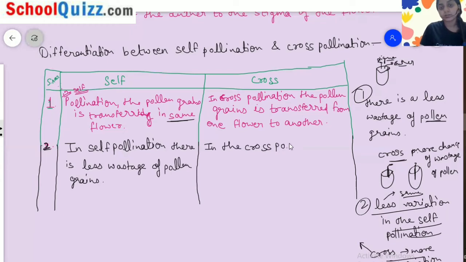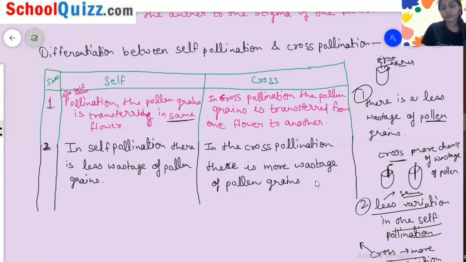Now when you write for the cross pollination, you will write like this: in the cross pollination there is more wastage of pollen grains comparatively to the self pollination.